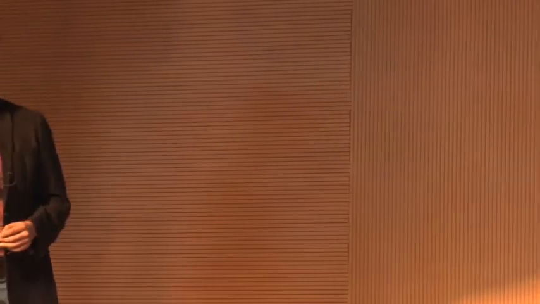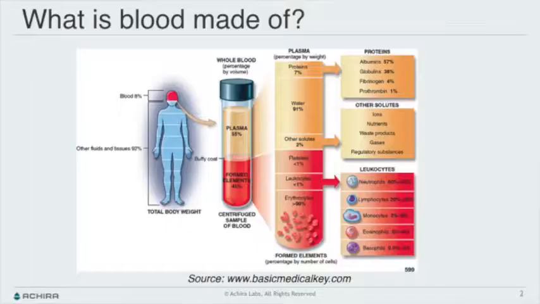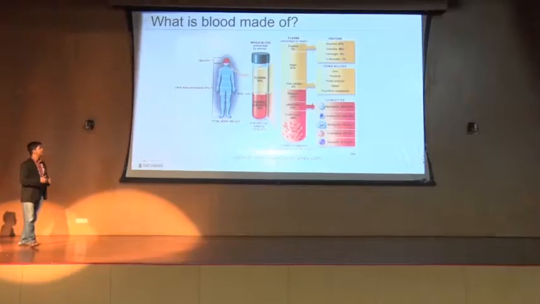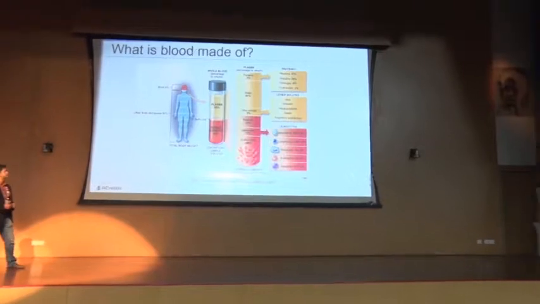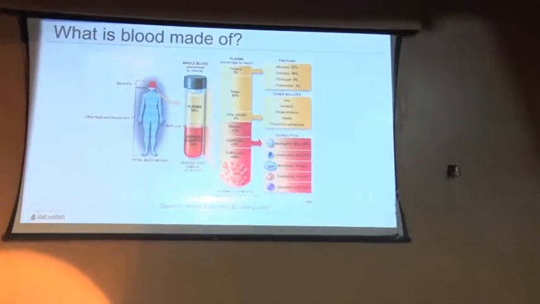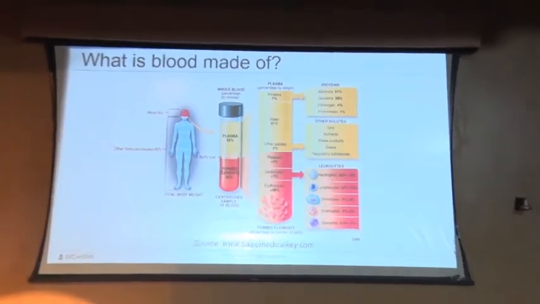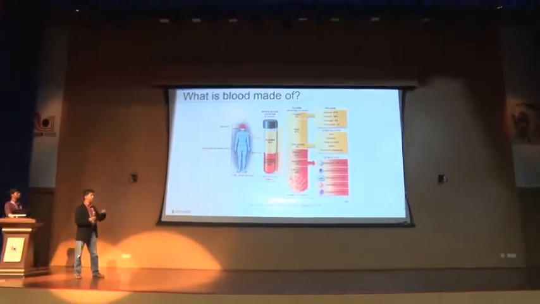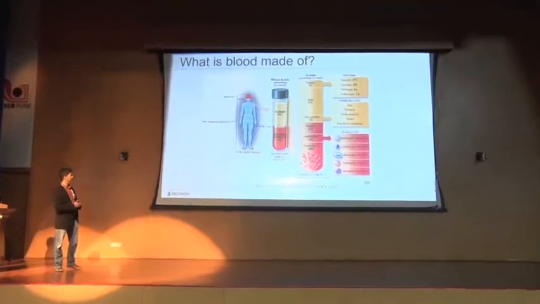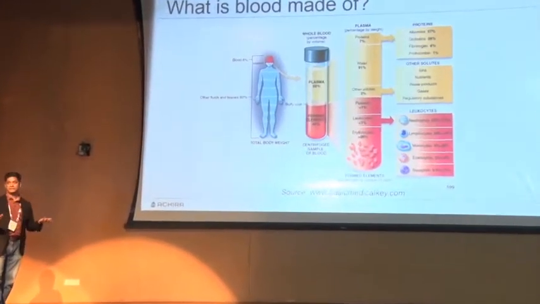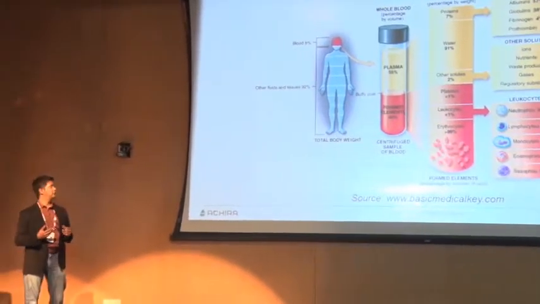So, thanks. So what's actually in blood? I guess we should start there, because if we're doing testing in blood, presumably there's something important inside it. I think many of you are already science students and kind of know this, but I'll just repeat some of the key points. Blood is composed of a cellular component, which is red because red blood cells are red. And then you have the plasma, the clearer component, which carries a lot of water basically, but also a lot of proteins and other nutrients.